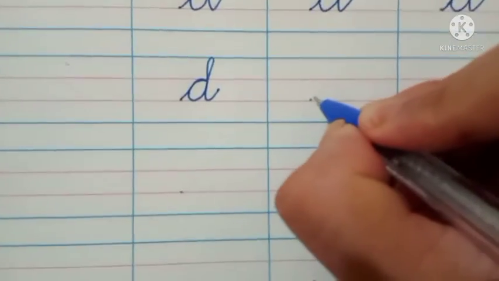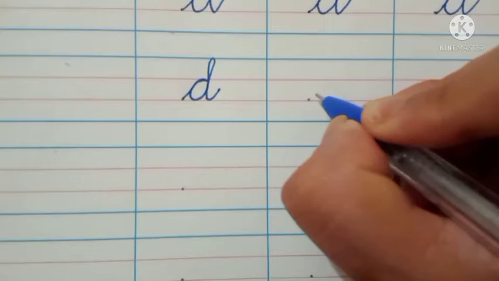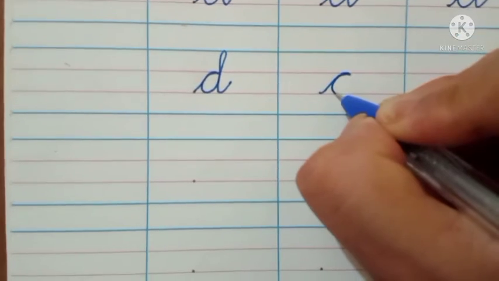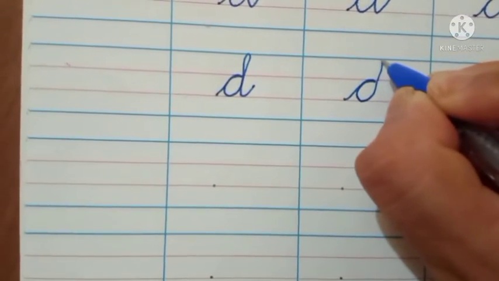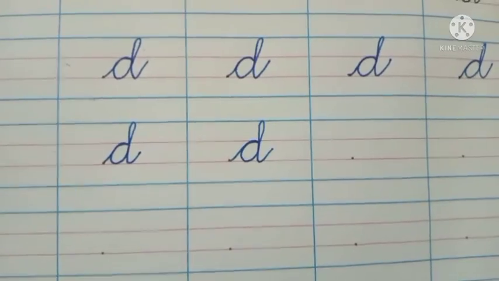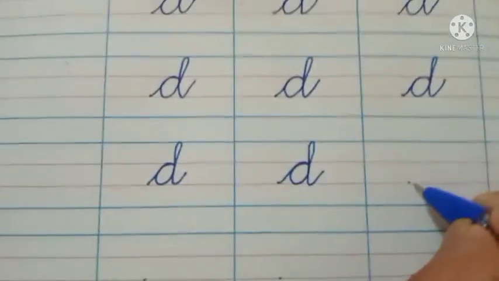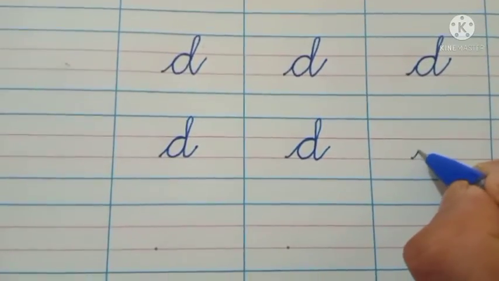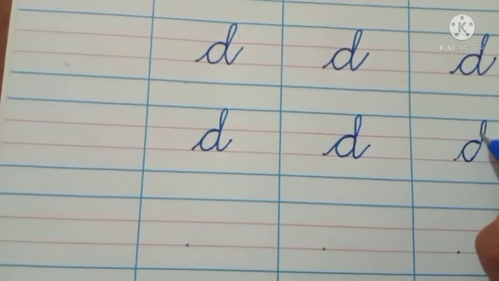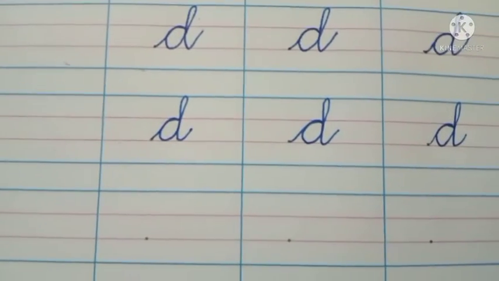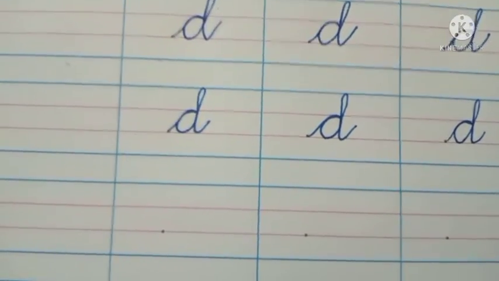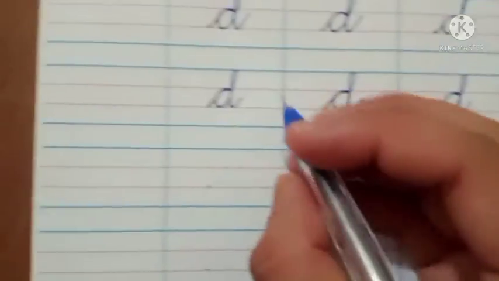Children, see the letter D for dog. Make a slanting line, then make a curve, try to close that curve and go up with the line, come down. So children, again make a slanting line, curve, go up and come down. Children, like that you all have to follow.